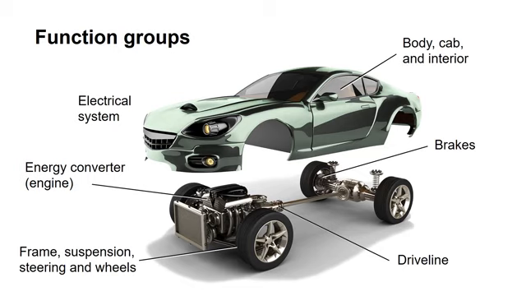Again, different types of vehicles may look different, but on a function group and main component level, the purpose and functions are basically the same. In this course, we will focus on components that belong to the groups energy converter, electrical system, and the driveline.